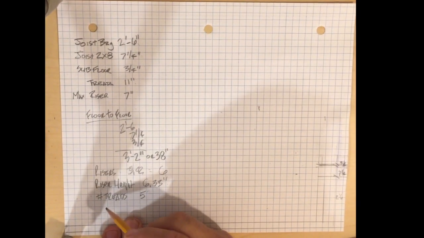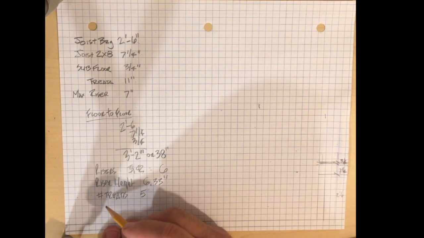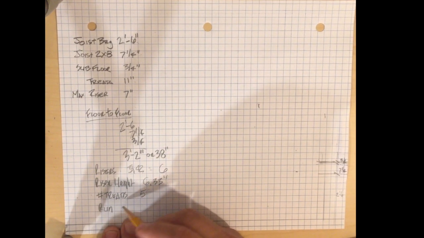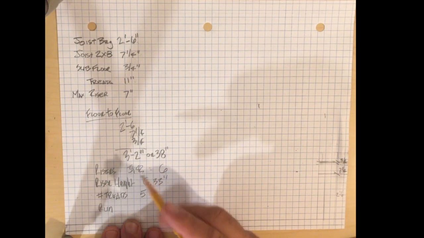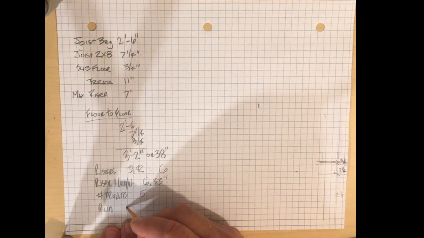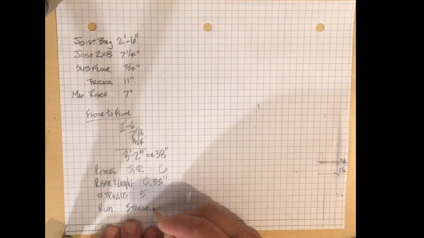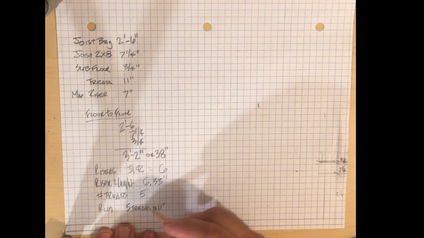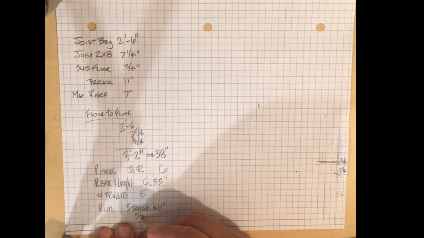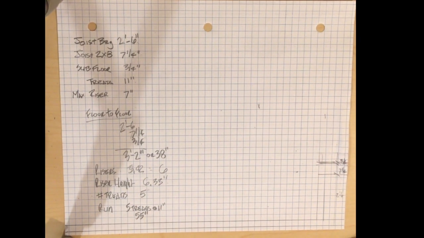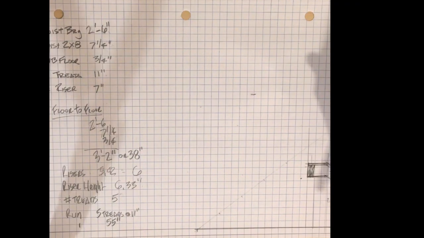And then I also want to figure out the run of the stairs, which our treads are 11 inches right now. So I've got 5 treads at 11 inches. 5 times 11 is 55. So my run is 55 inches. So this is the math we need to do before we start drawing.